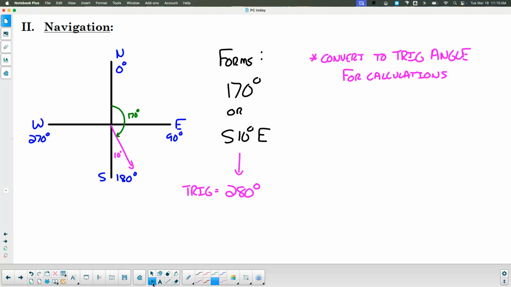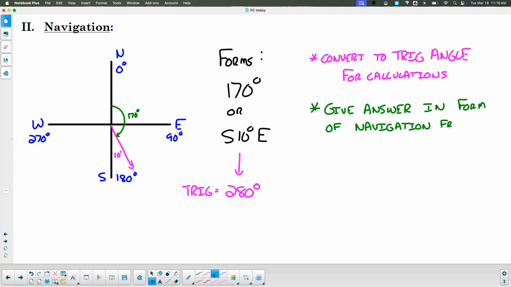At the very end, then, you are going to want to give your answer in the form of your navigation from the problem.